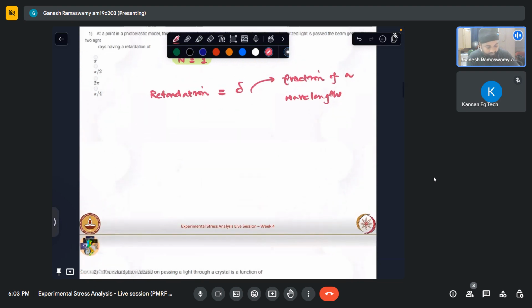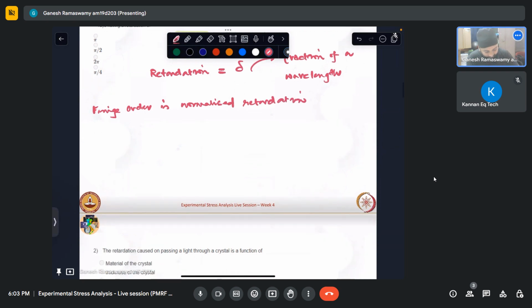So when we normalize it, fringe order is nothing but normalized retardation, meaning delta by 2 pi radians.